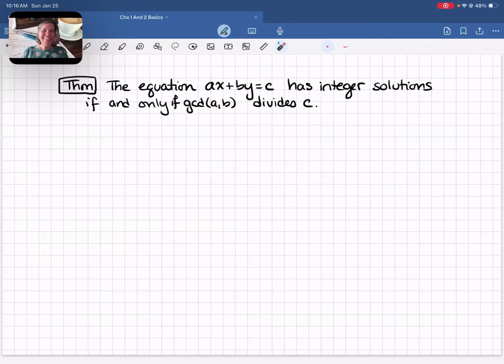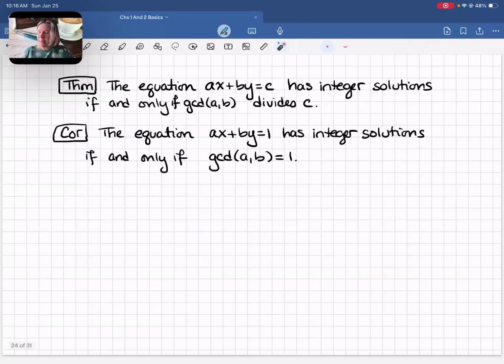If the GCD does not divide c, we have no solutions. And if the GCD does divide c, then we have methods that will always work and give us solutions.